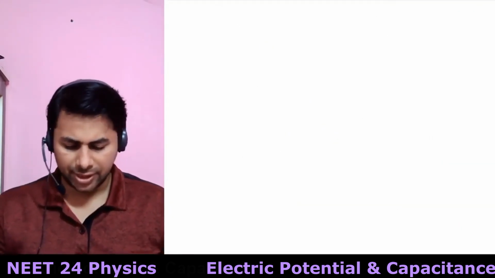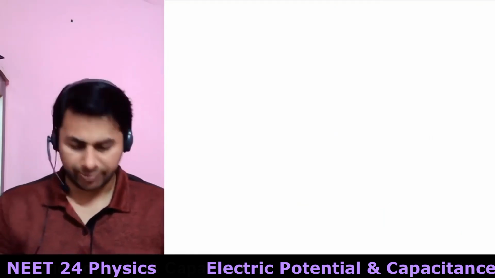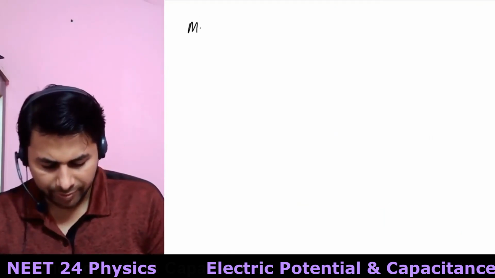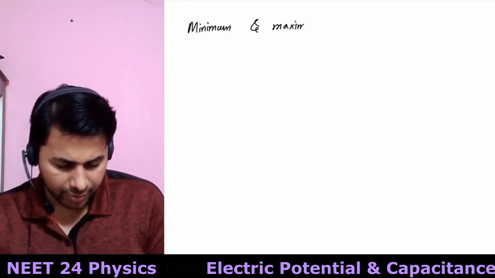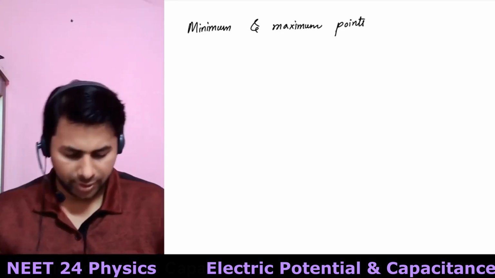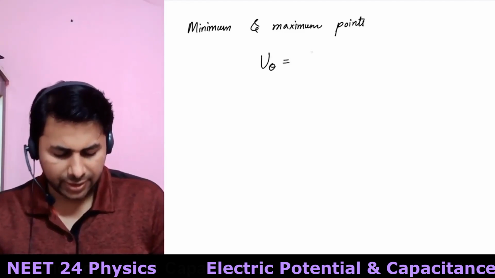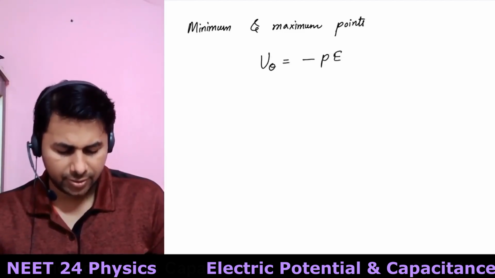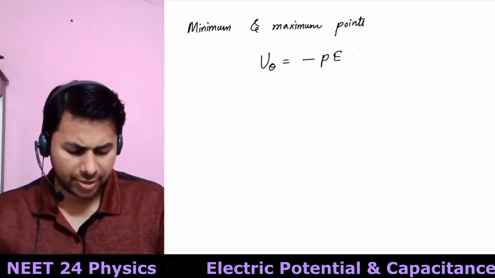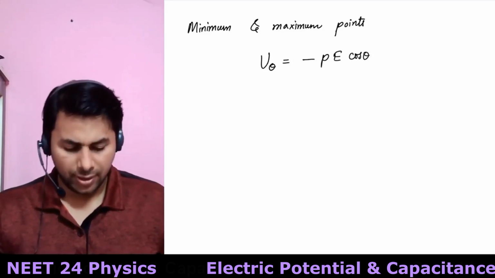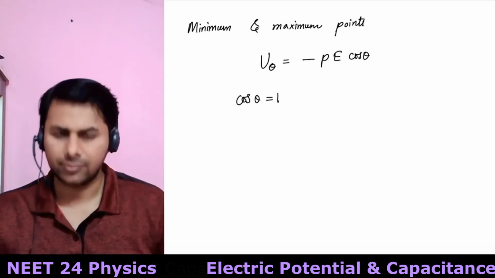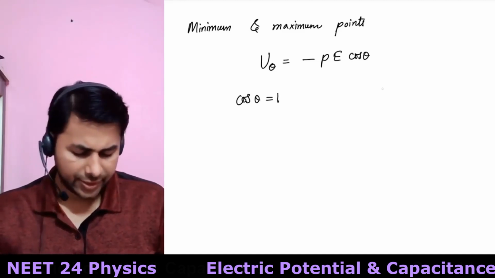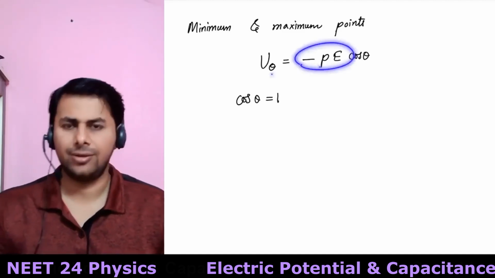Okay. So then when will this potential energy be minimum and when will it be maximum? So the minimum and maximum points for this potential energy of the dipole. We know potential energy at theta is equal to minus of P E, minus of P bar dot E bar, or you can say minus P E cos of theta. So if cos theta is 1, then you will get U of theta equals minus P E, right?